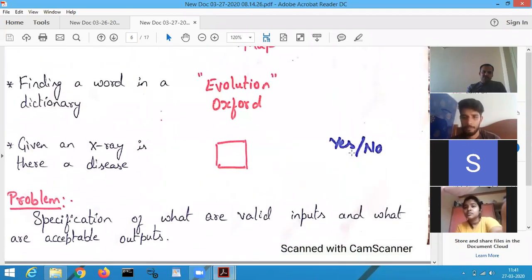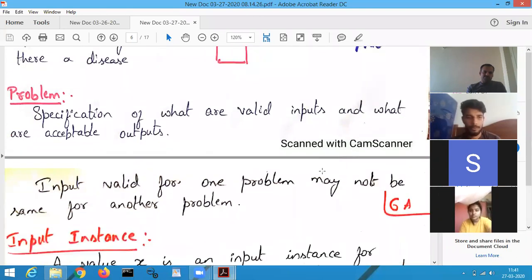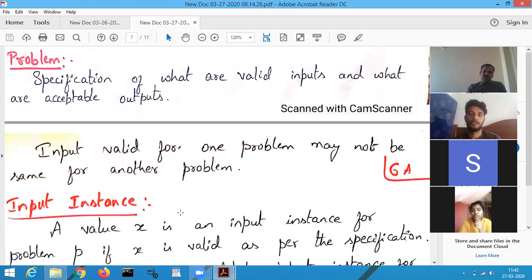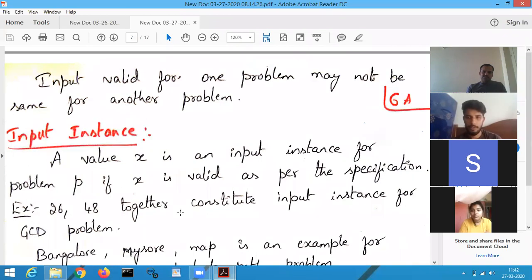After knowing the definition of problem, let us move on to further definitions. That's what I'm saying here: input valid for one problem may not be the same for another problem. Let us take input instance. What do we mean by input instance?